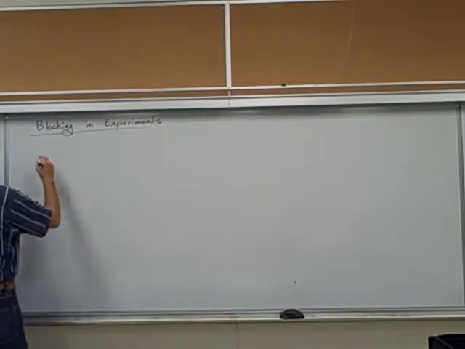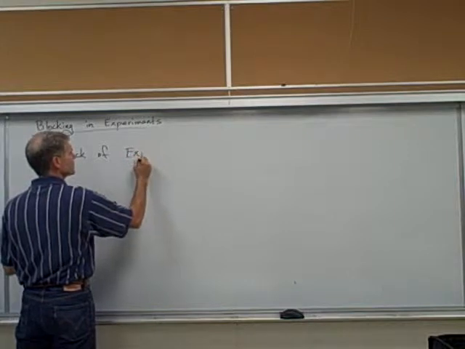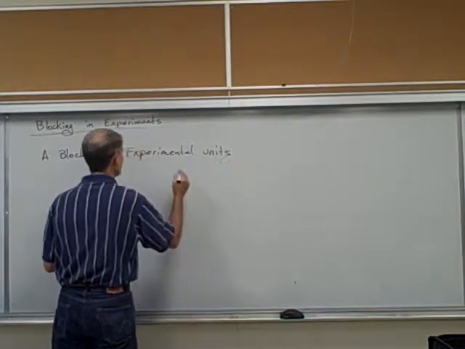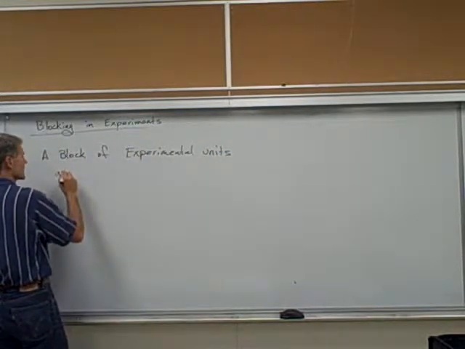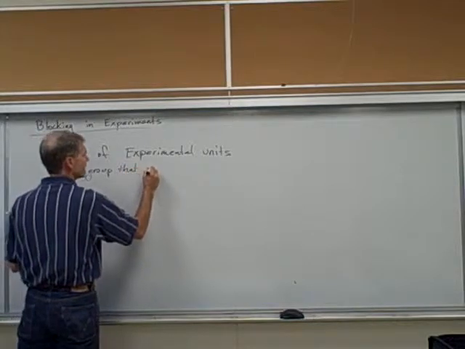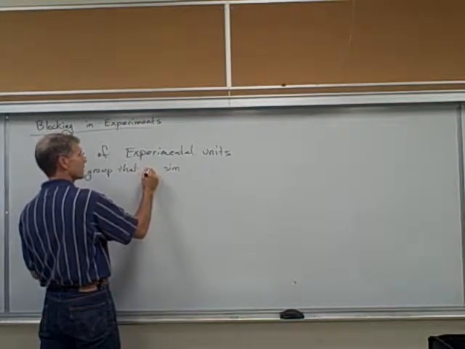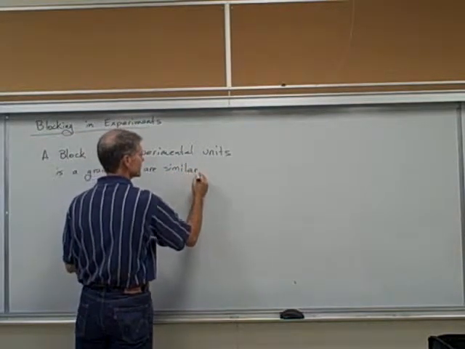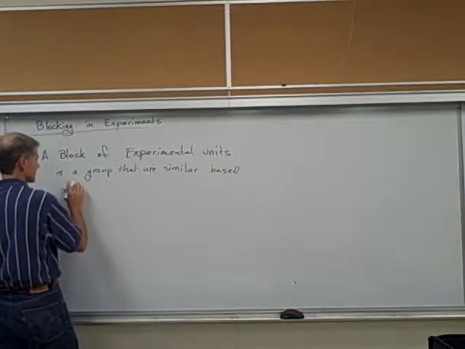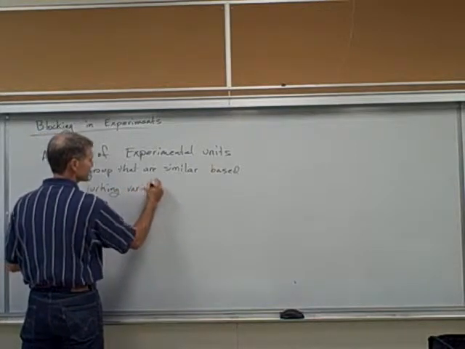So what do we mean by blocking? Well, a block of experimental units is a group of experimental units that are similar based on, I'll say, lurking variables, because I think that's the way you'll best understand.